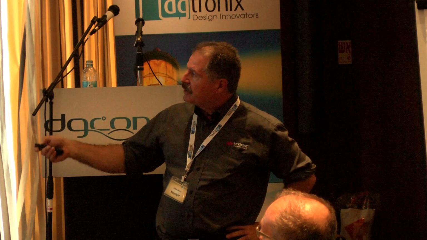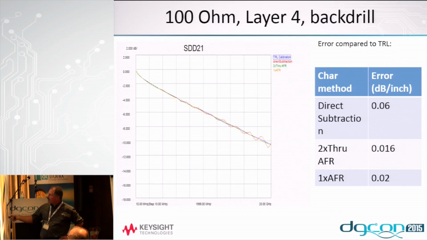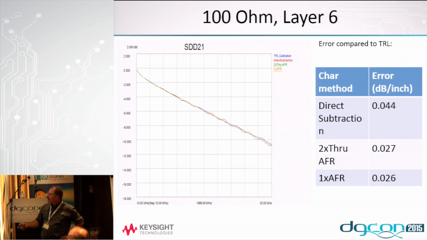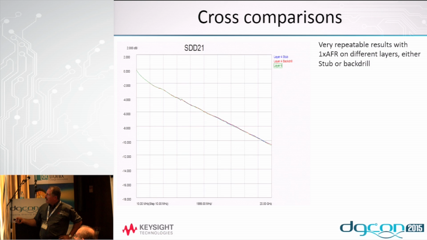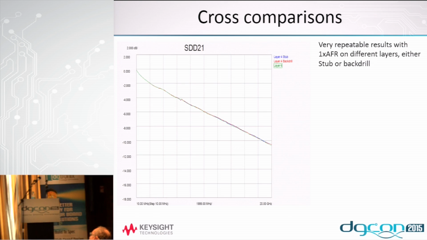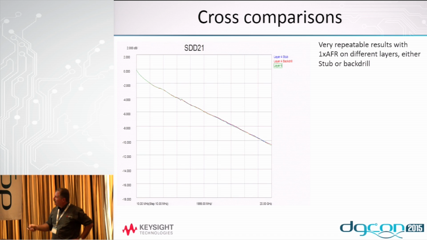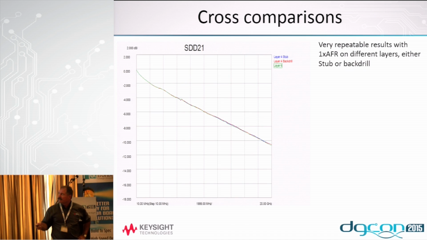Layer 4 with the back drilled via, we're still down in this area here, 0.6 dB, but we're 4 times or so better. 100 ohm layer 6, we're still considerably less, under 1/10 of a dB per inch. And now if we look at all three structures overlaid, pretty good correlation.